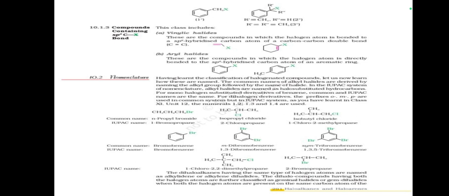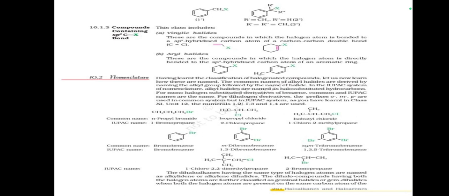For monohalogen substituted derivatives of benzene, common and IUPAC names are the same. For the dihalogen derivatives, the prefixes o, m, p are used in common system, but in IUPAC system, as you have learned in class 11, unit 12, the numerals 1,2; 1,3; 1,4 are used.